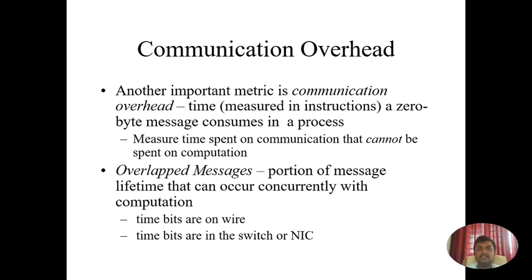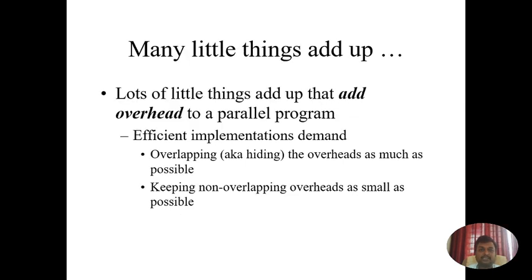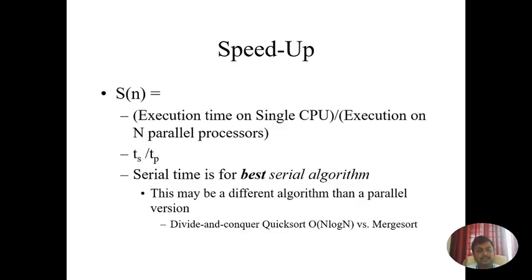So there can be more communication with respect to time. You have requested, it has not been sent, and that can happen. That is what is meant by communication overhead. Lots of little things add up to overhead in a parallel computation, so overlapping overheads as much as possible and keeping non-overlapping overheads as small as possible determines how effectively you can communicate.